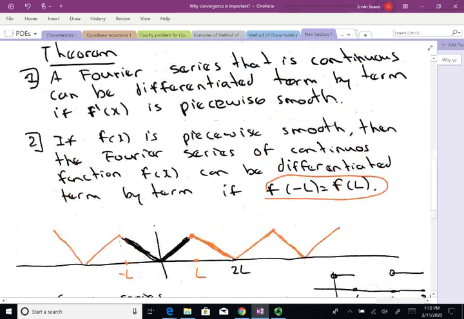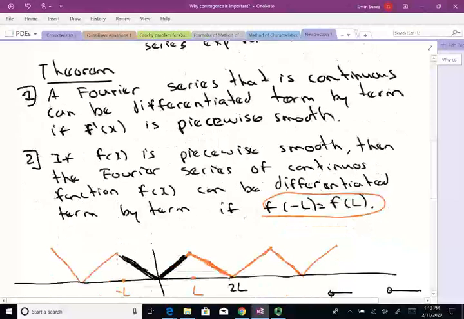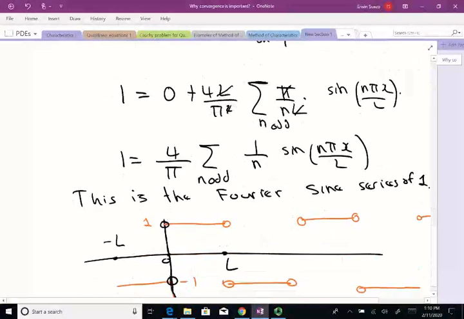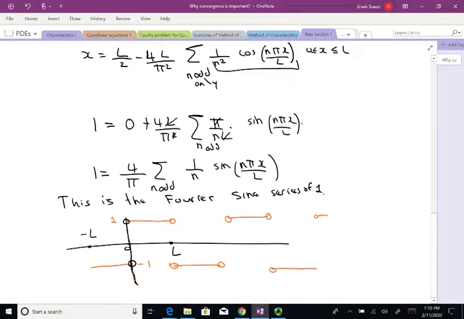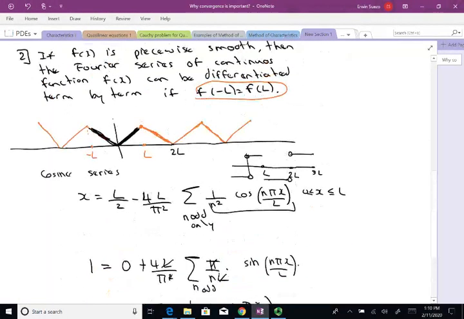I think you can appreciate how this new theory is giving you insights for what is next in calculus. Okay, and this is one of our last videos on Fourier series. We are now moving on to solving partial differential equations.